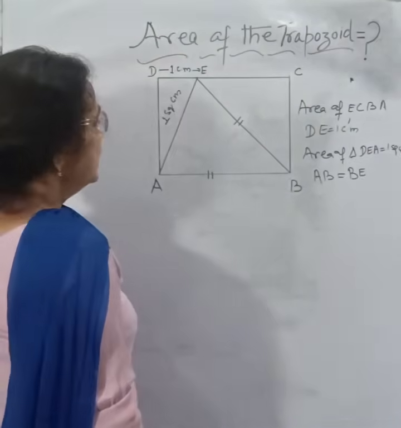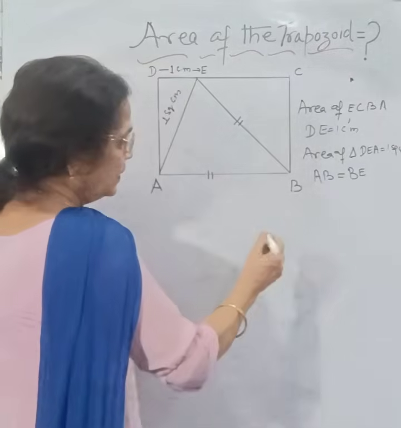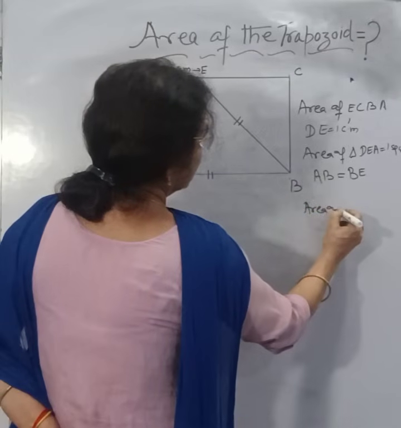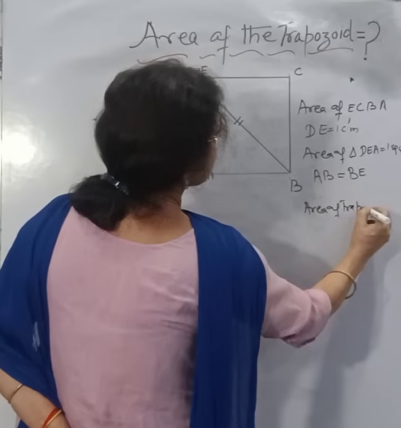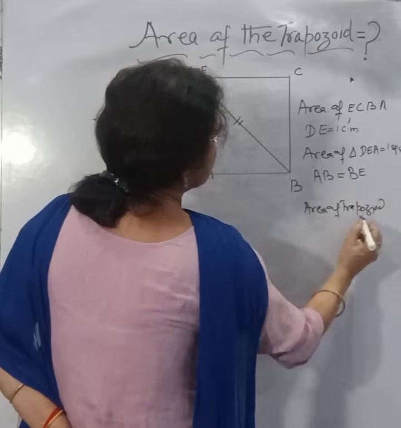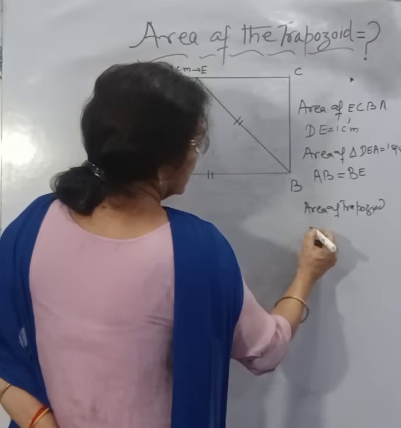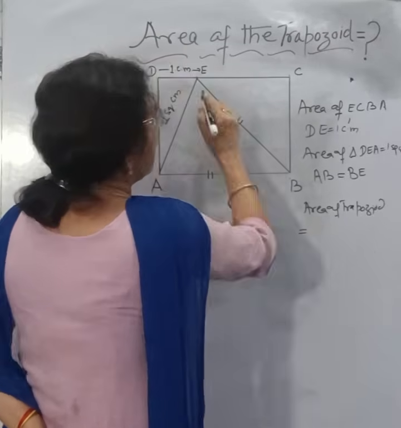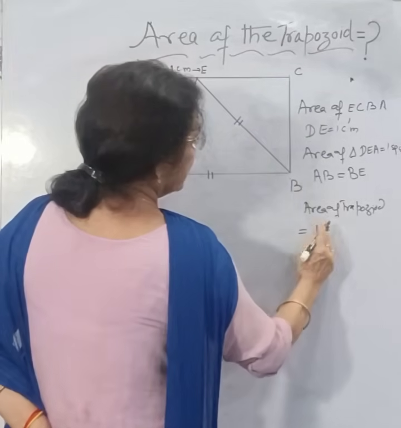How can we do it? First of all, we should write the area formula. Area of the trapezoid is equal to the addition of the parallel sides.